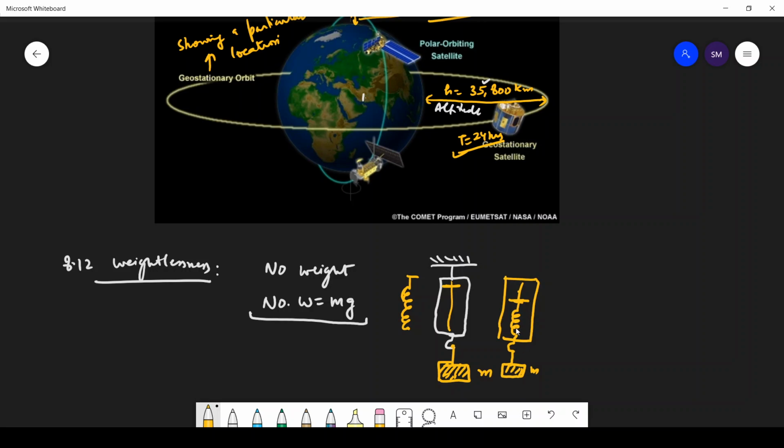So who is stretching this spring? This is the mass mg which is stretching this spring.